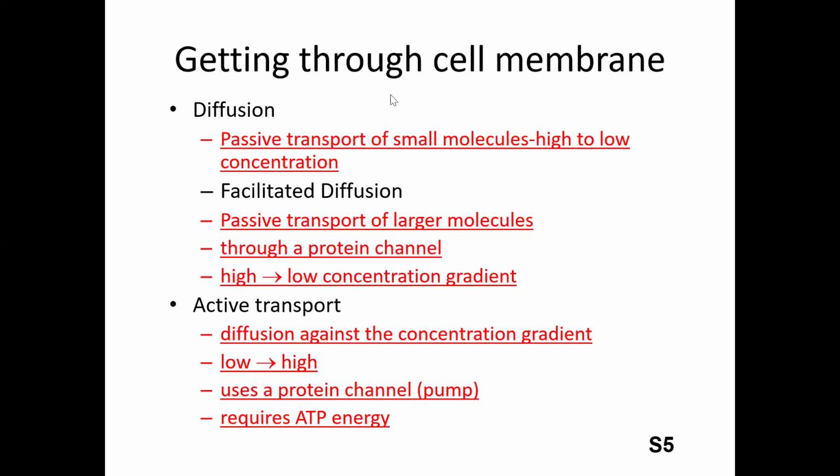So how do things get through the cell membrane? It is through diffusion. Of course, we have this basic knowledge: what is diffusion? Diffusion is the movement of molecules from the region of higher concentration to the region of lower concentration. So we have what we call passive transport.